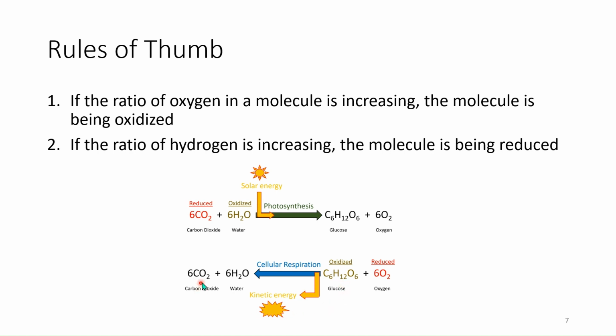That now goes away. There's no more any hydrogen. And so glucose is obviously being oxidized. There's two ways we can confirm it there. Looking at our oxygen here, we have no hydrogens, and in water we have two hydrogens to one oxygen. So the ratio of hydrogen is increasing, which confirms our reduction.